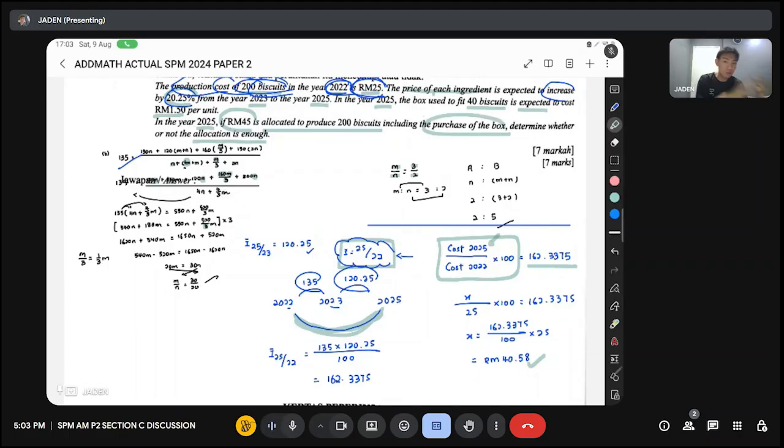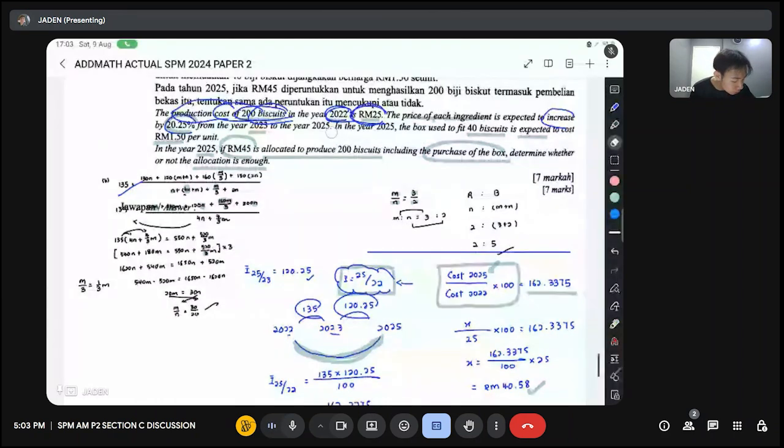The box is different because you have the biscuit, you need the packaging, right? You need a box to actually fill them in. So it says in the previous statement, the box used to fit 40 biscuit is expected to cost 1 ringgit 50 cent in 2025. So we have to additionally calculate the cost for the box.